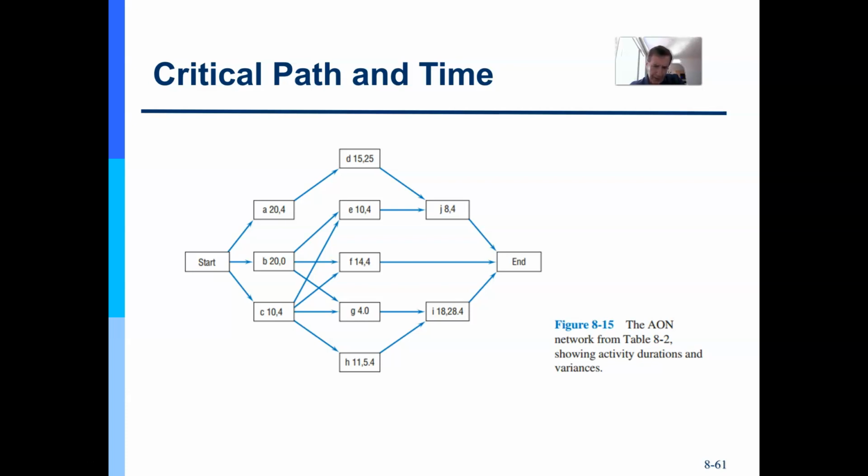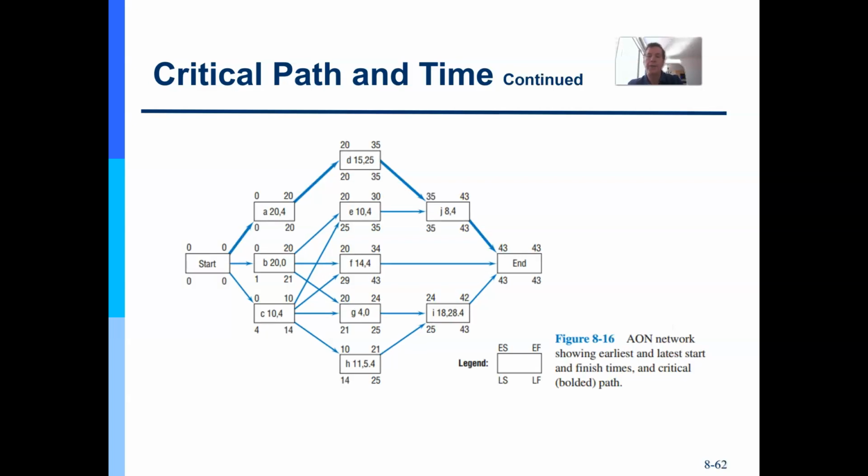Notice that A is not a precedence activity or successor to H. Not related, but the dependency arrows show the others along the way. So what we're going to do is add our activity times and look for the critical path. Remember, those are the activities that have no float or slack, no extra time built in. If that activity delays, the whole project delays.